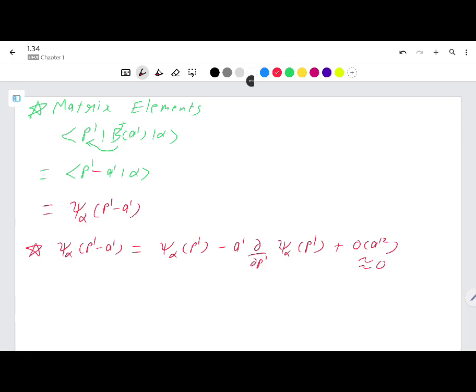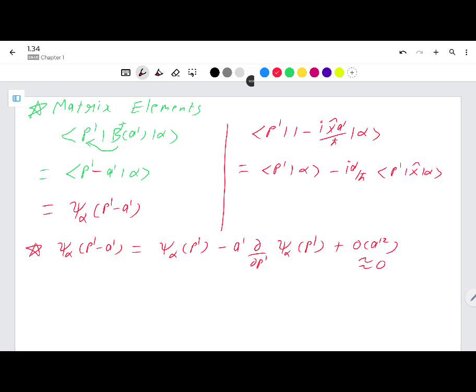And similarly, if I write the actual form, 1 plus i A prime over h bar, this gives us, sorry, B dagger would be minus, so it will give us P prime alpha minus i A prime over h bar P prime x alpha.